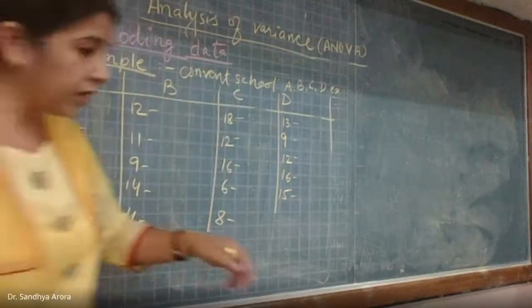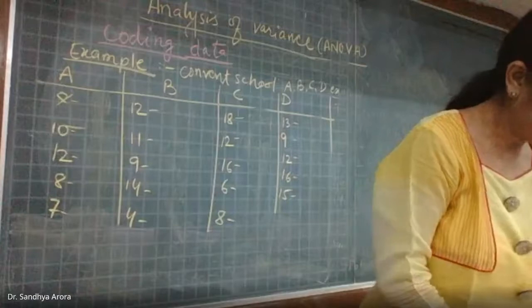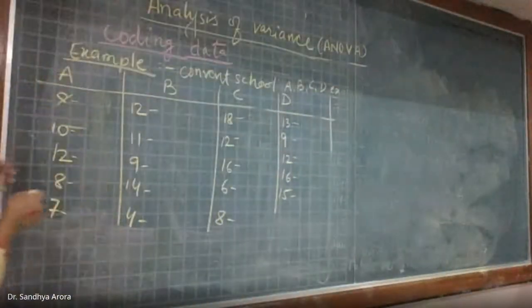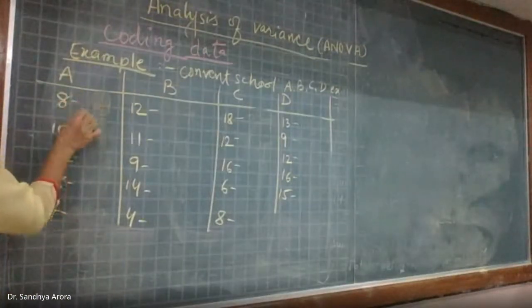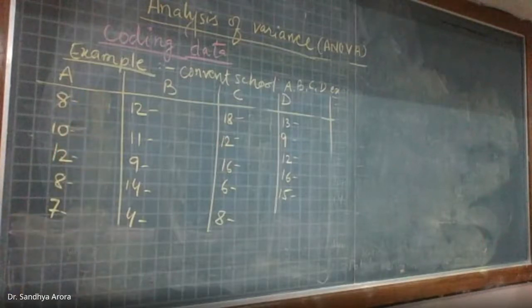So what we are going to do now is, sometimes if you feel like your data is not within the range, you can code your data. What do you mean by coding of the data?